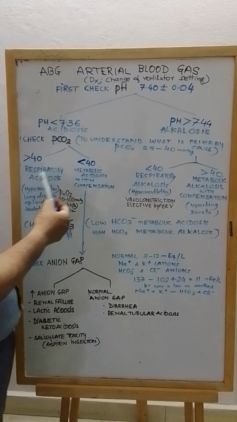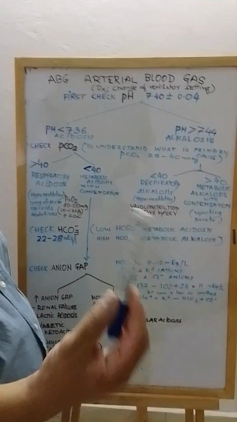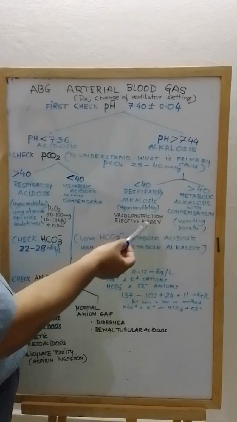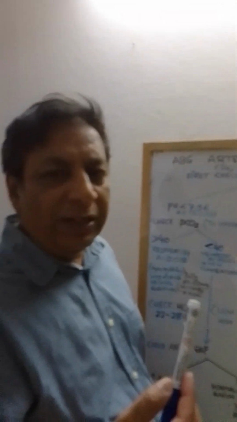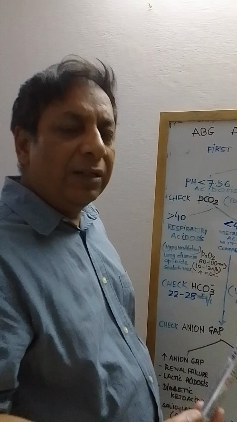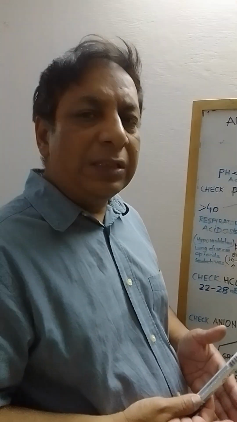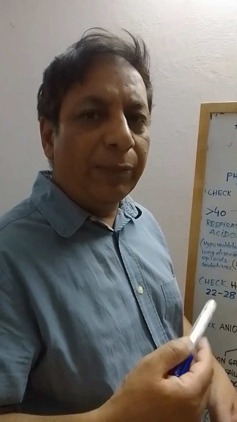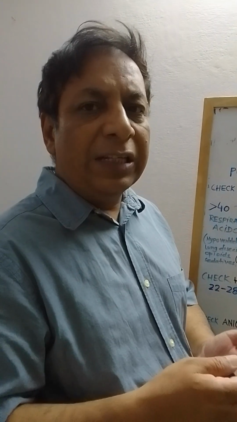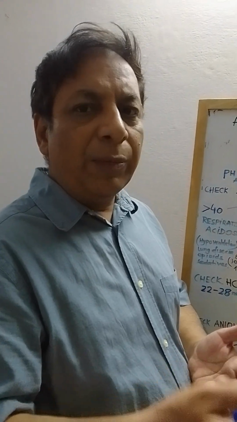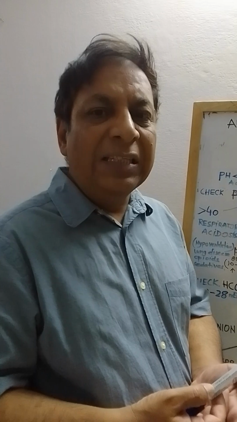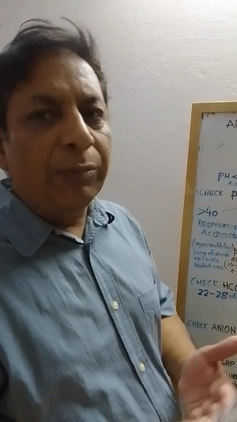These things are very important in neurosurgical patients, because there is a term called elective hyperventilation. Elective hyperventilation is given to patients with raised intracranial pressure, and there is a relation between the mean arterial pressure, ICP and cerebral perfusion pressure. Cerebral perfusion pressure is equal to mean arterial pressure minus ICP.